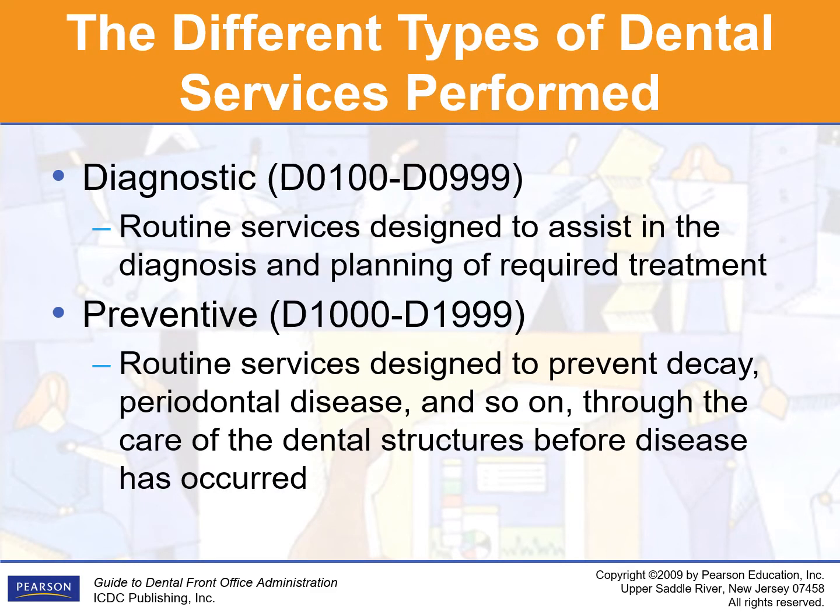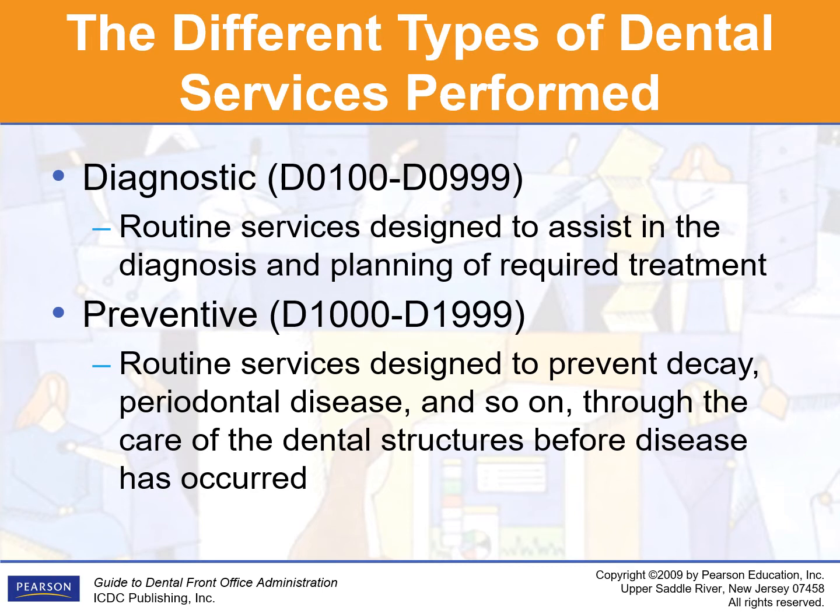Next, it gets into the different types of dental service performed. Now, whether you're on the computer or doing paperwork, you're going to have to know these different codes. So, for example, as we went over the different forms that we use to submit a claim, the first one says diagnosis.